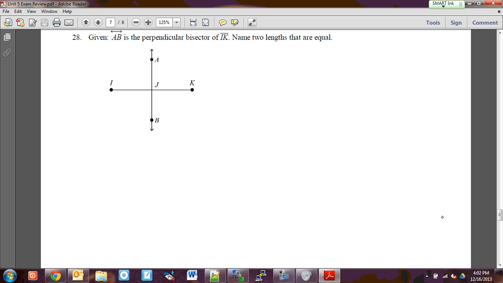Given that line AB is a perpendicular bisector of IK, name two lengths that are equal. All right, well, there's actually three pairs here. Since AB is the perpendicular bisector of IK, we know that IJ is congruent to JK. We also know that if you pick a point on that perpendicular bisector, it's equidistant to the two sides.